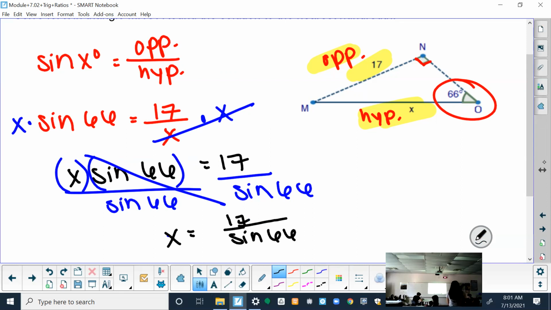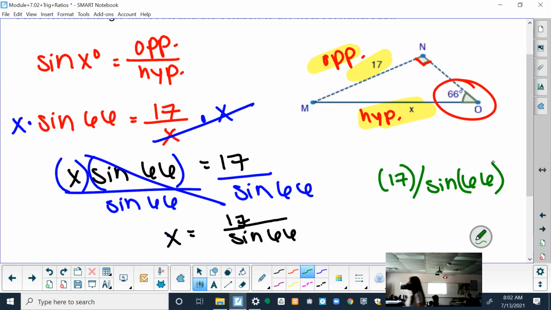So when you're putting it in your calculator, put some parentheses just to make sure the calculator reads it the correct way. So I would put 17 in parentheses divided by sine 66. It'll look something like that. All right, hopefully your calculator is already in degrees from you putting it there earlier.